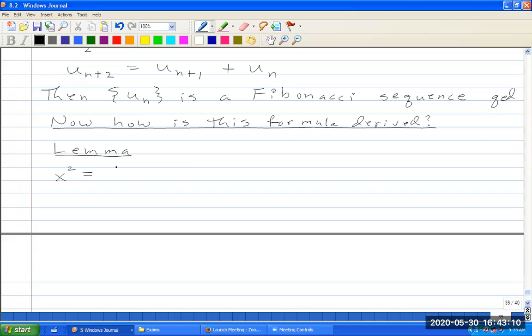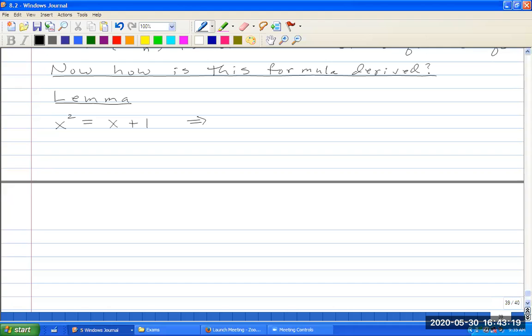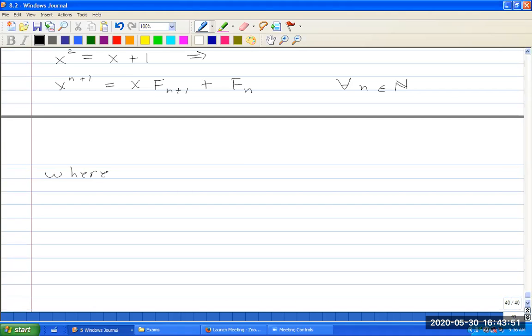Then I have that x to the n plus 1 is equal to x times f sub n plus 1 plus f sub n for all natural numbers n, where this is my Fibonacci sequence.